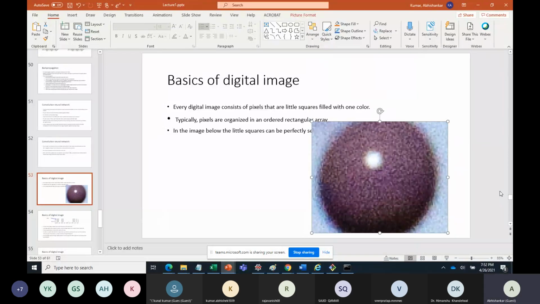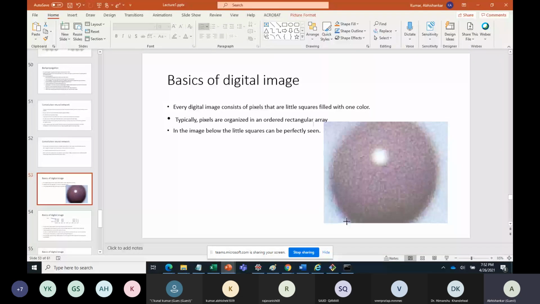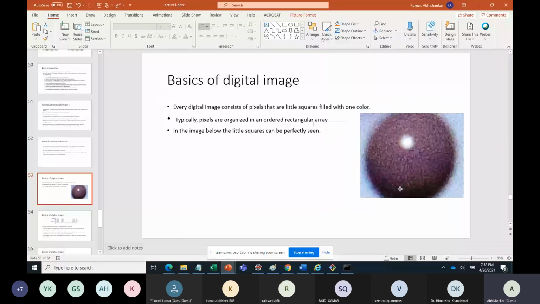Or you can take any image and try to enlarge it as much as possible. You will find squares, and we call those squares pixels. Okay, sir, any doubt?